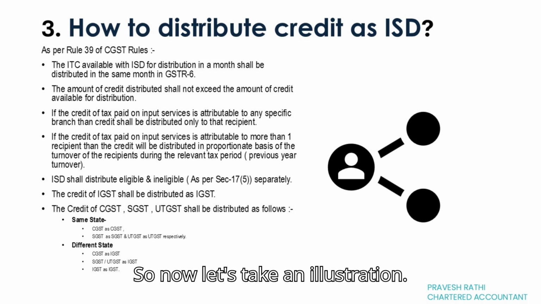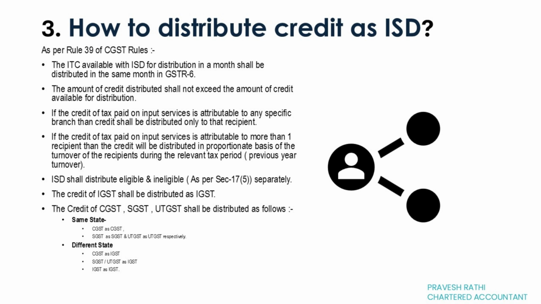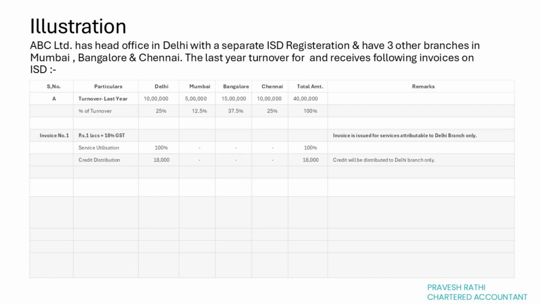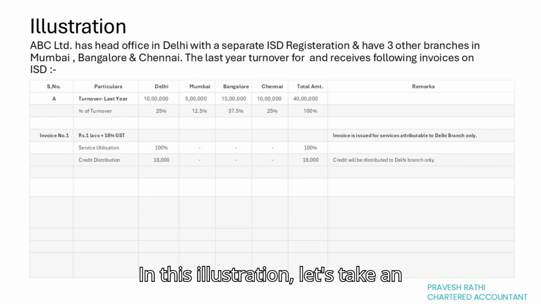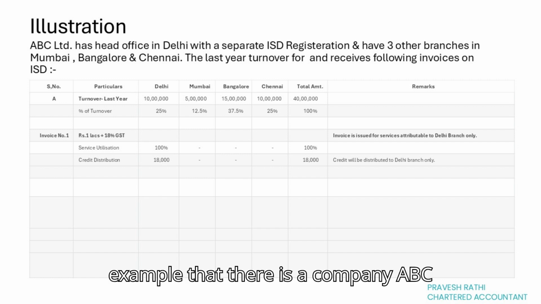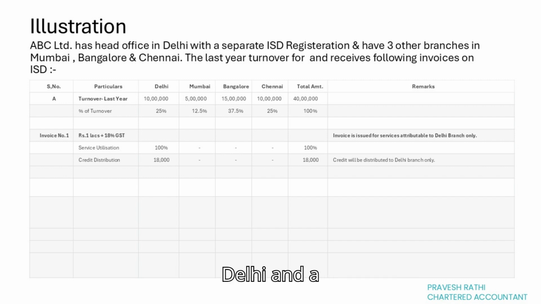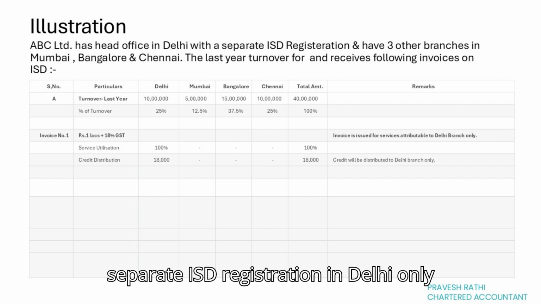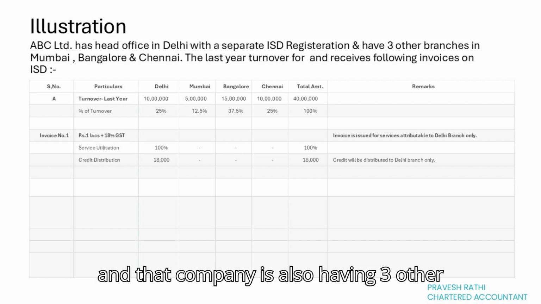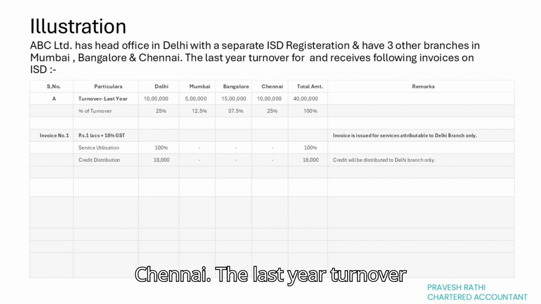So now let's take an illustration. Let's take an example that there is a company ABC Limited which has a head office in Delhi and a separate ISD registration in Delhi only, and that company is also having 3 other branches in Mumbai, Bangalore and Chennai.